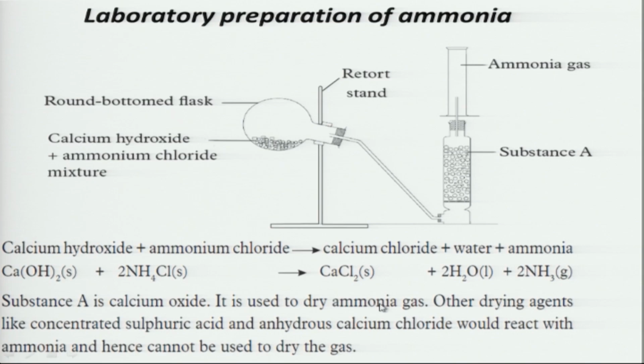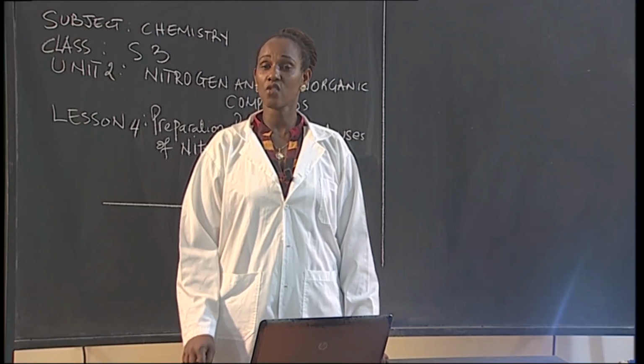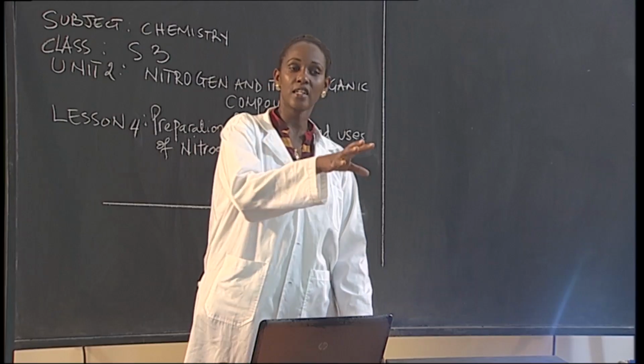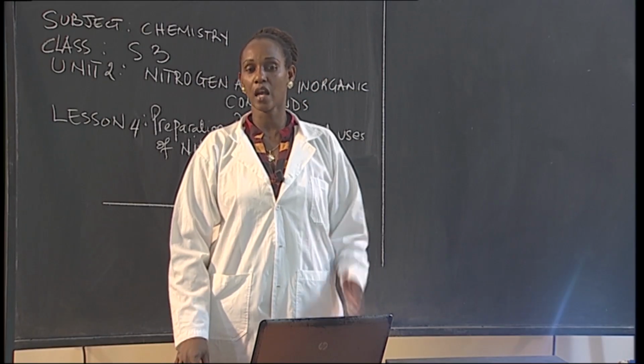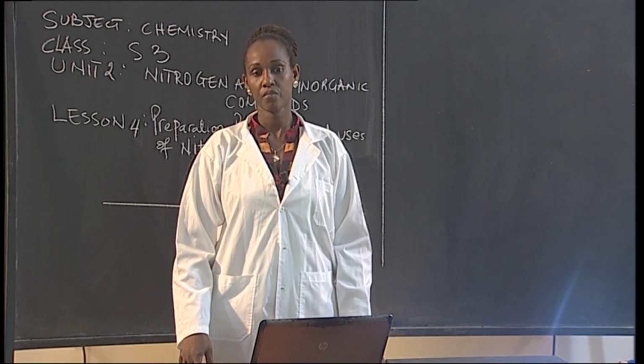Here we put some emphasis. Normally I've been seeing in other preparations that sulfuric acid is the drying agent. But for this case, sulfuric acid and anhydrous calcium chloride are not used as drying agents. Do you know why? The reason is concentrated sulfuric acid and anhydrous calcium chloride react with ammonia, right?